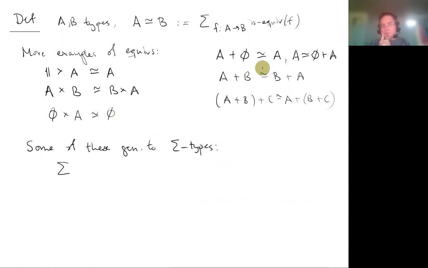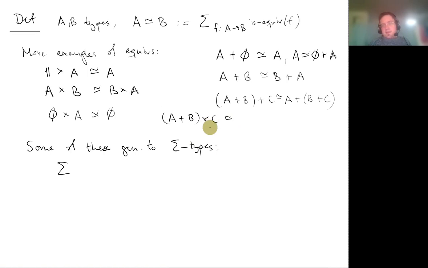We did some that had just to do with sums and some that had just to do with products, but of course, there are also distributive laws. A distributive law is something like: take a coproduct or disjoint union of A and B and take the product with another type C.